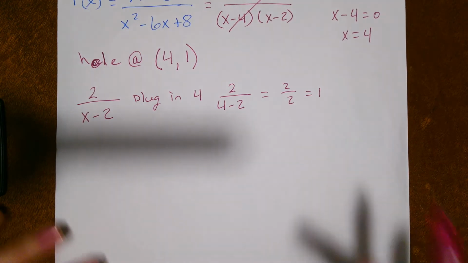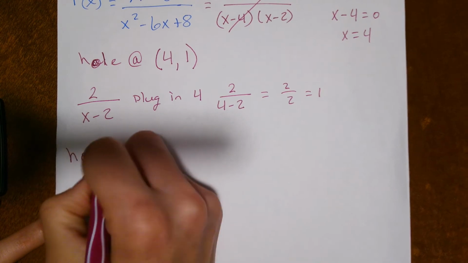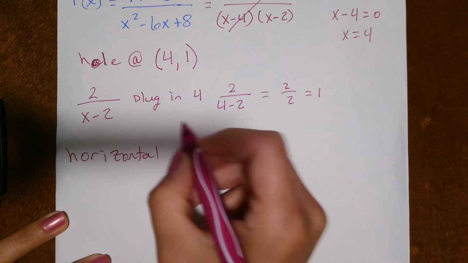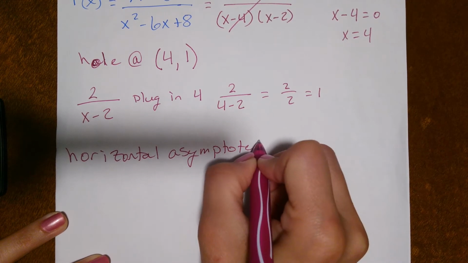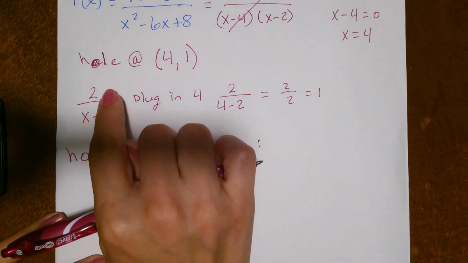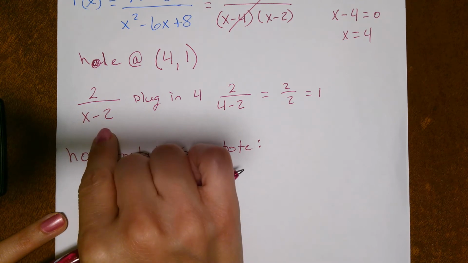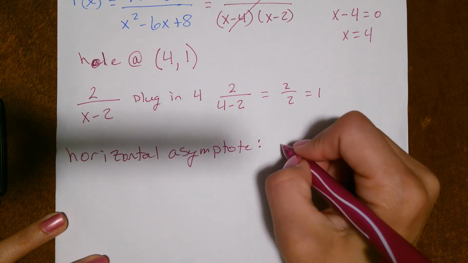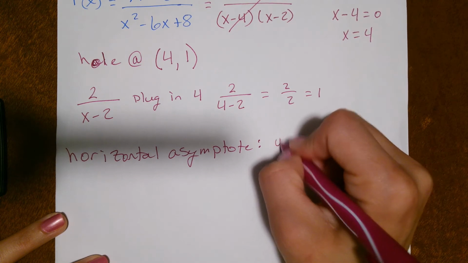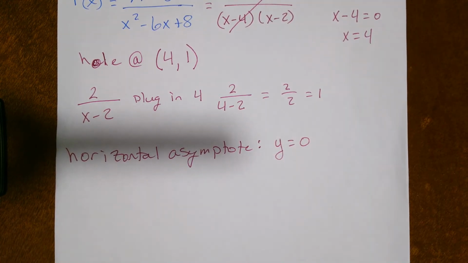The horizontal asymptote, remember there's 3 cases that we could have. We have the case here where the degree of the numerator is less than the degree of the denominator, which indicates that I will have a horizontal asymptote at y equals 0.